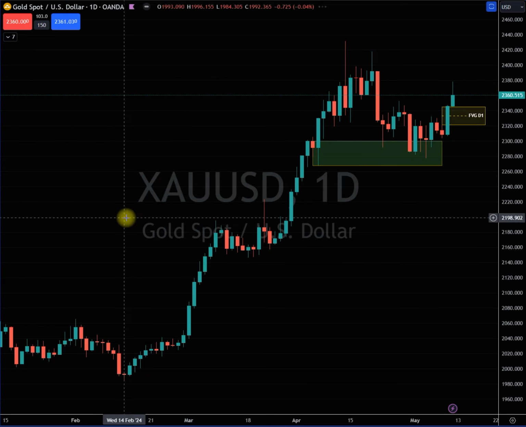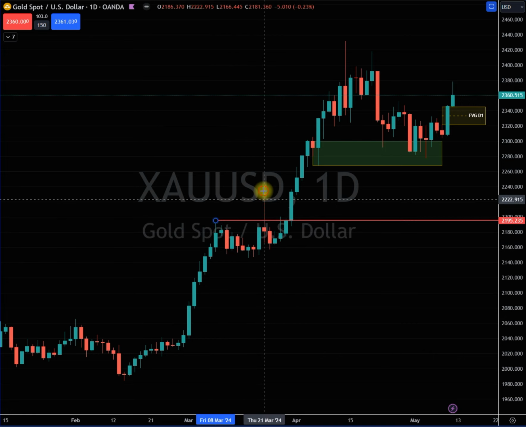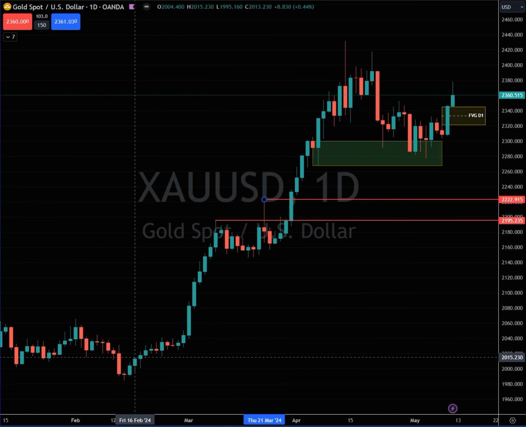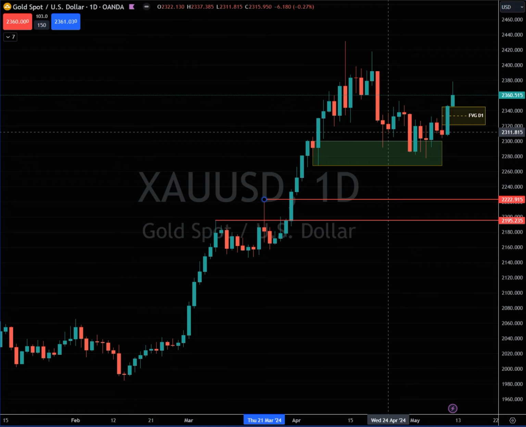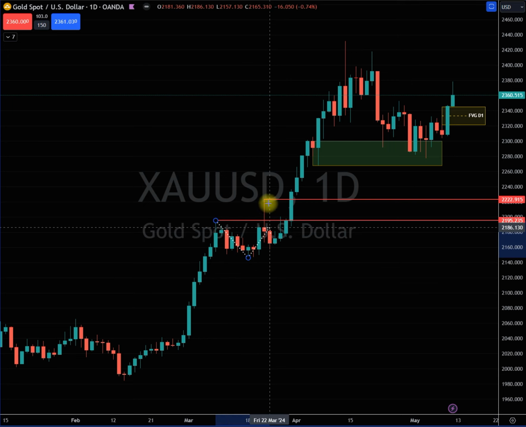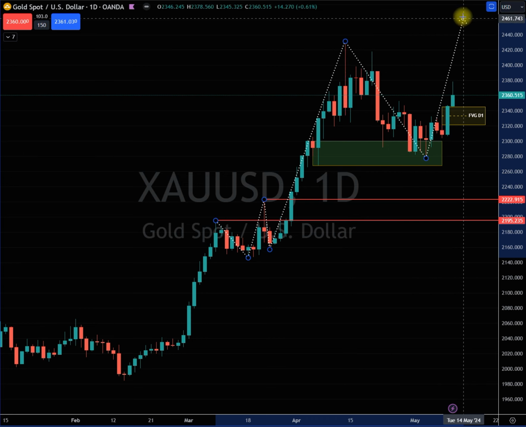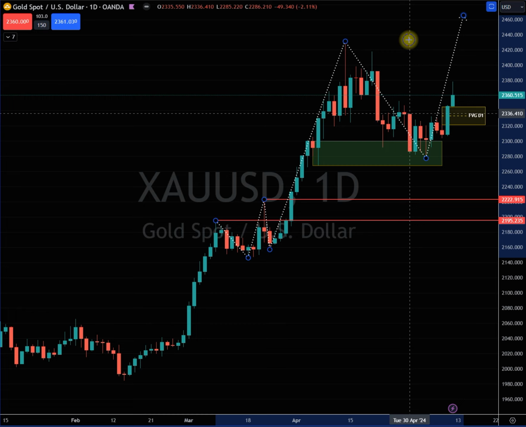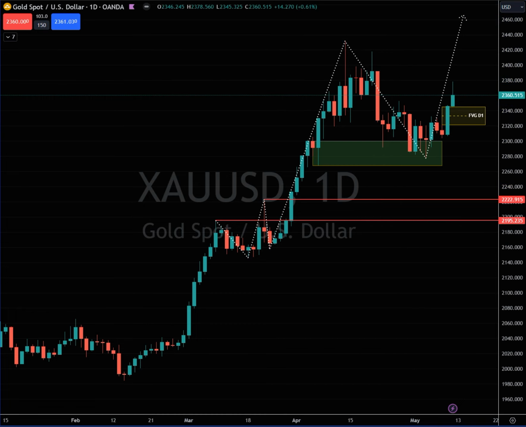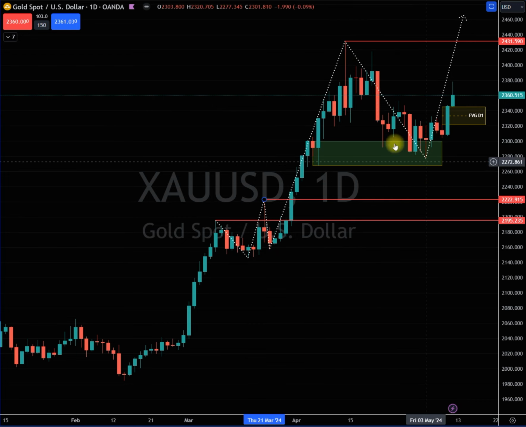where I said that price moves from internal range liquidity to external range liquidity, back to internal and then to external and so forth, and price did move from internal to external, back to internal, and I want to see now price continue to move to external range liquidity, breaking this buy side liquidity on the daily, creating a new all-time high.